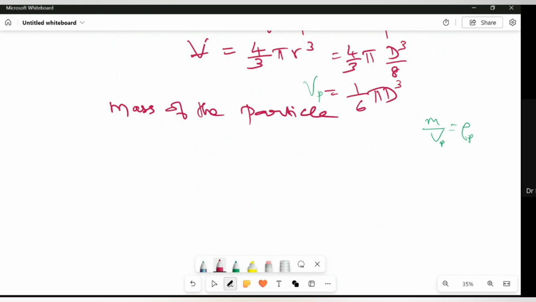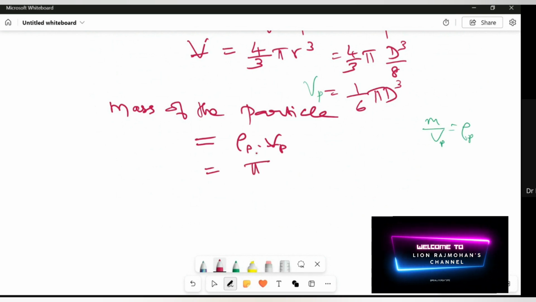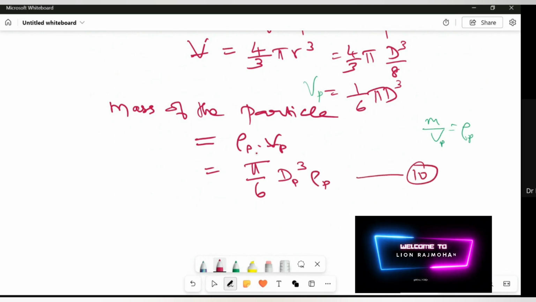So we can write mass of the particle equal to density of the particle into volume of the particle, which is equal to pi by 6 dp cube. In general formula, I am writing for particle. Pi by 6 dp cube into rho p. Let it be equation number 10.